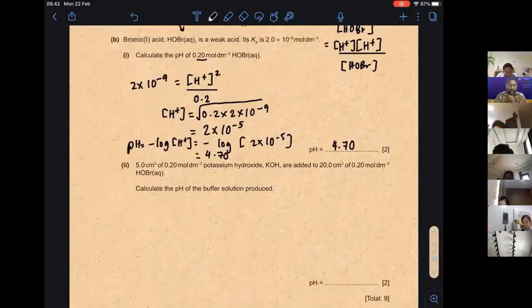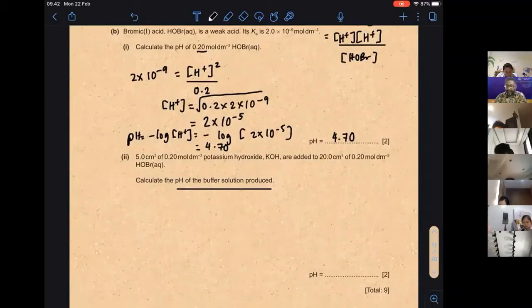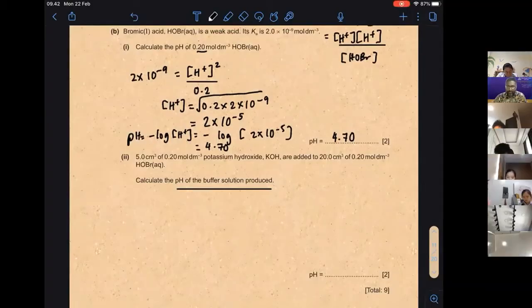Next, you are going to have something like a buffer solution. You have potassium hydroxide, and you are adding it to HOBr. So we need to calculate the pH of the buffer solution that is going to be produced. If you are looking for the pH, first find out the number of moles of KOH.